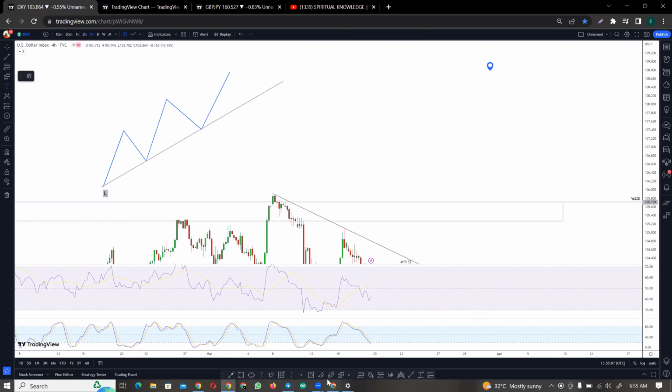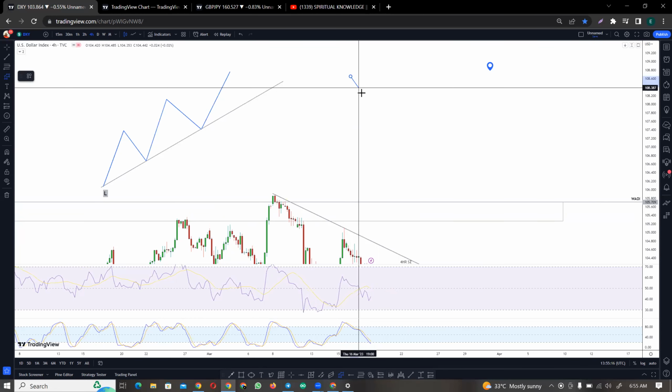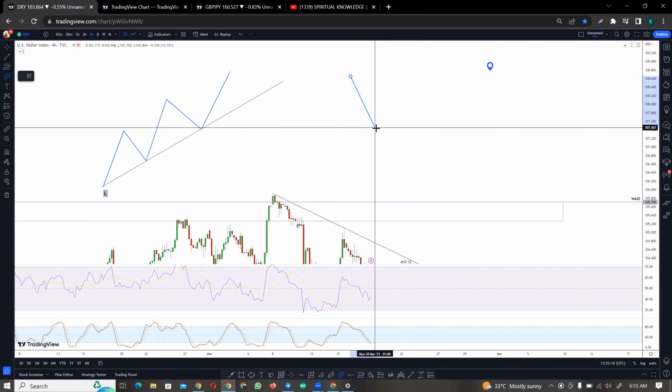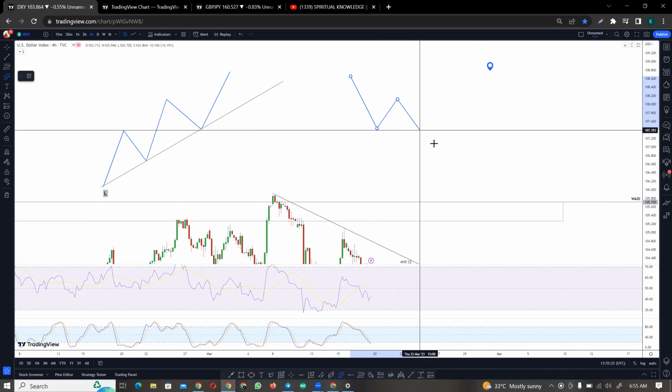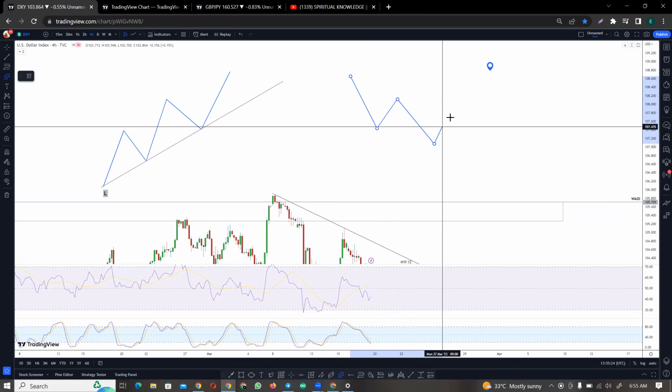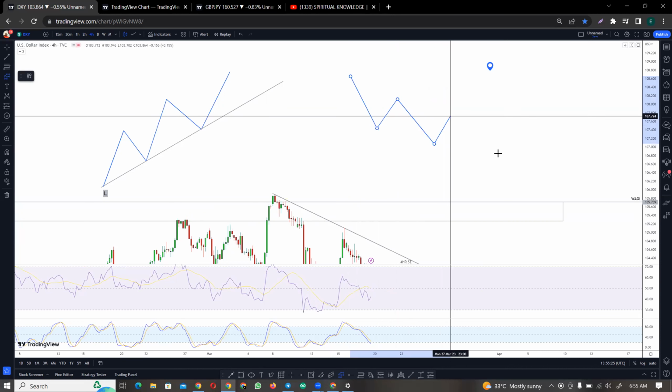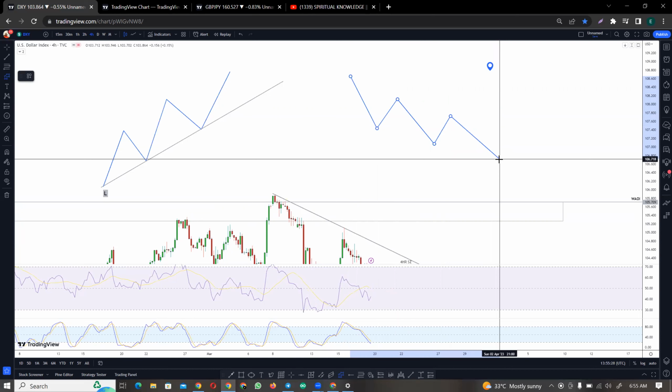If you are drawing, at least I'm using it as this, if market is coming, so if market is doing something like this, this place now should be our high, right?